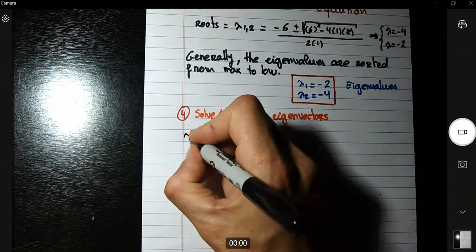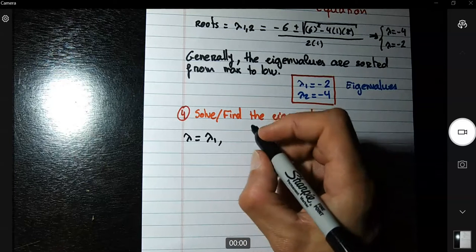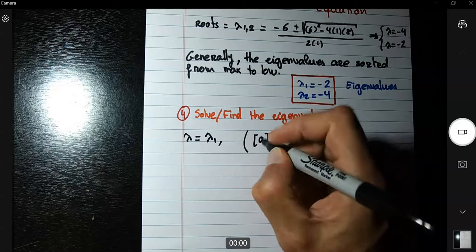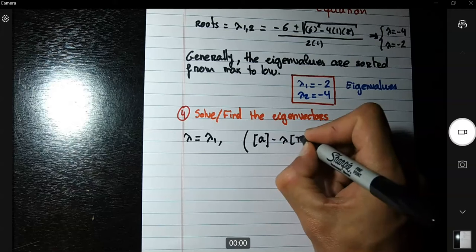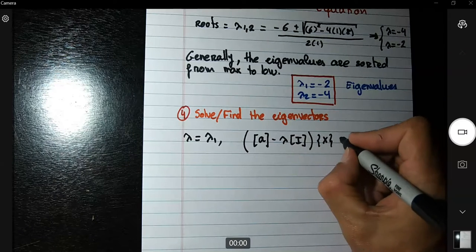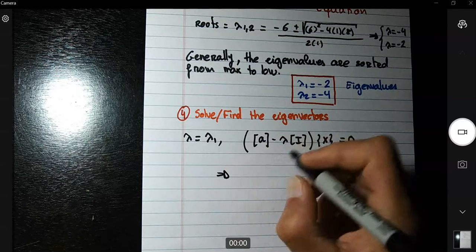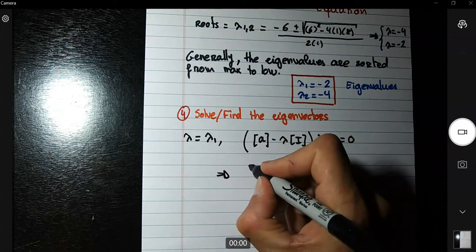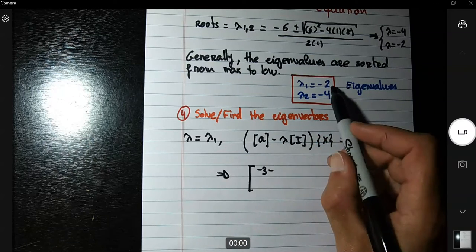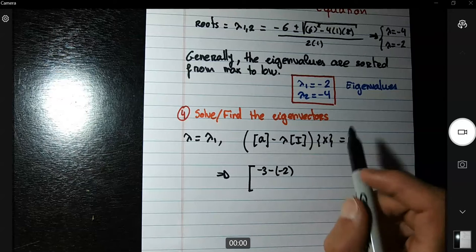So let's say initially the first value we're going to take is lambda 1. And we need to go back and substitute into our initial equation, which is this one over here, equal to 0. So if we substitute into that equation, what do we get? We get minus 3 minus lambda 1, which is minus 2, so we get minus 2 here.